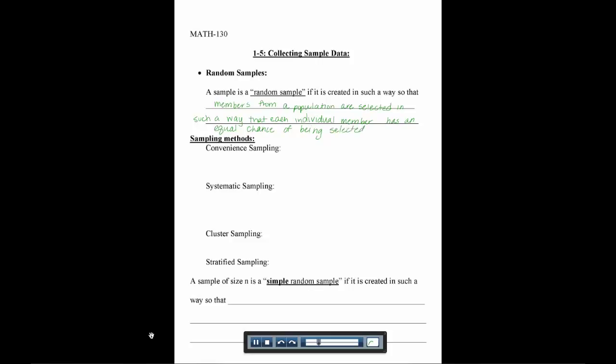Okay, so it's a random sample if each person or each thing has the same chance of being selected.